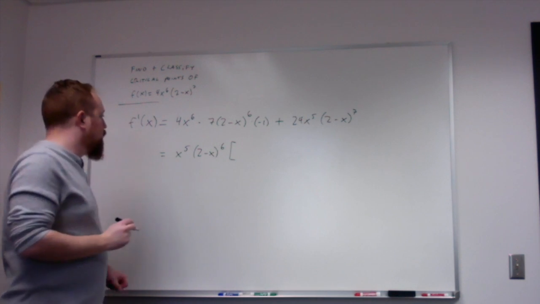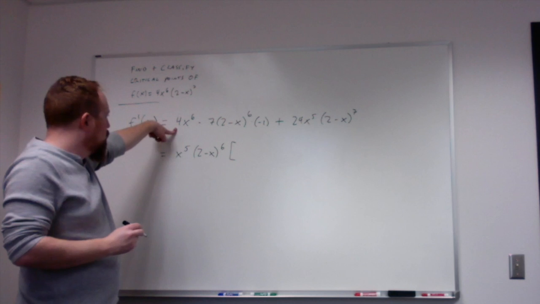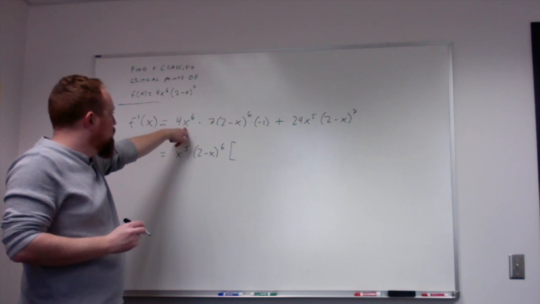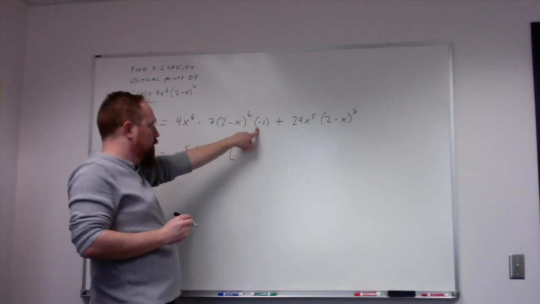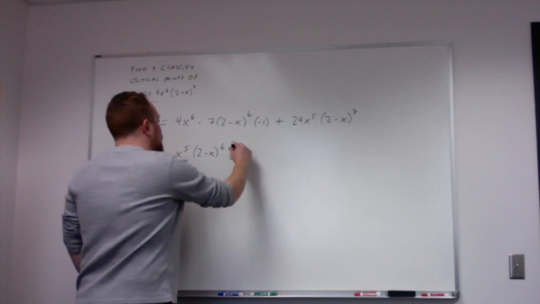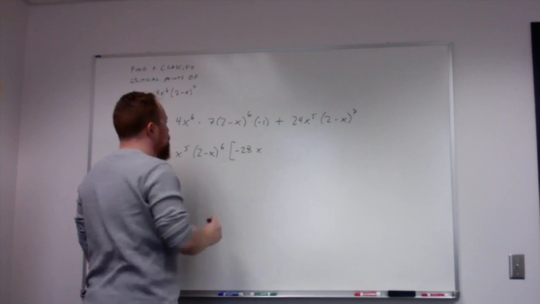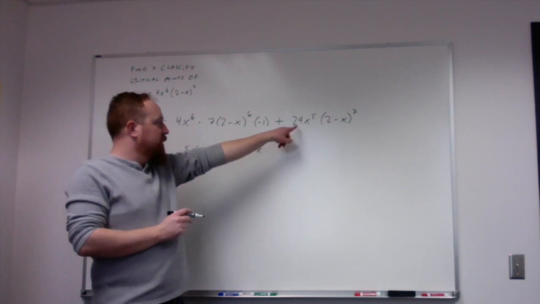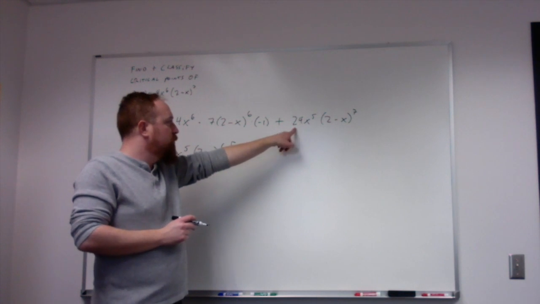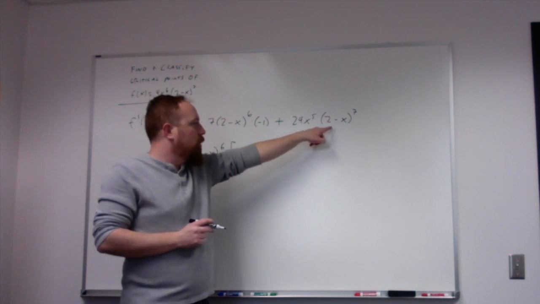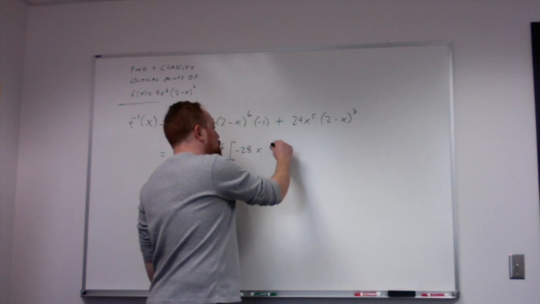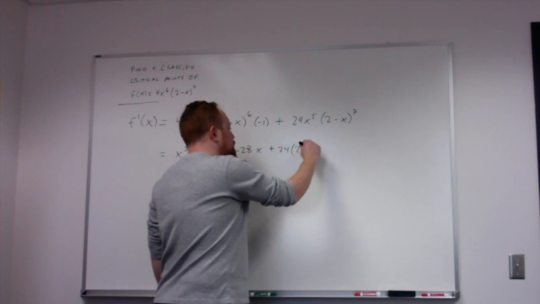And then what's left over is this 4, one of those x's, and then this 7, this negative 1, right? So that'll be negative 28x. And then what's left here is, let's see, the 24, that got pulled out, and then all but one of those. So 24 times (2 minus x).